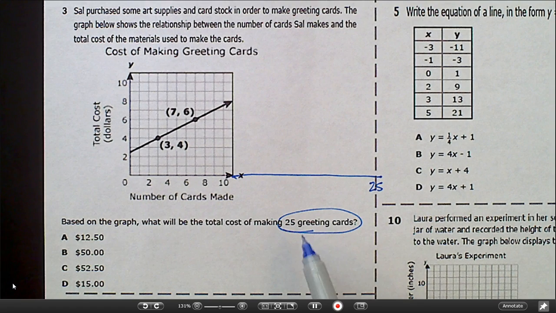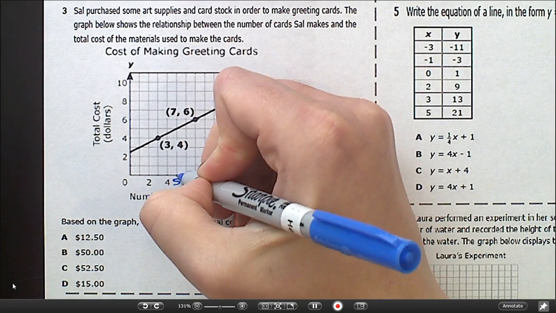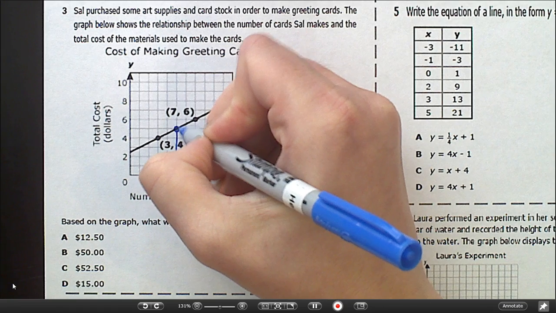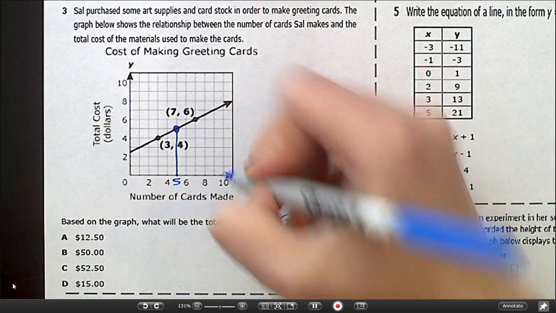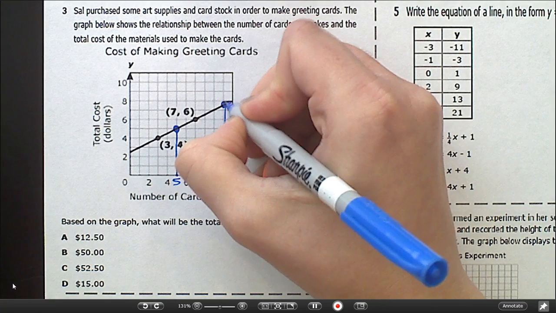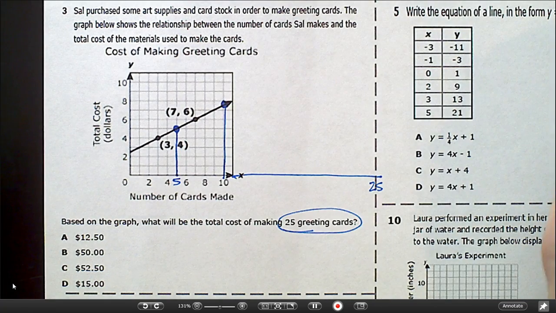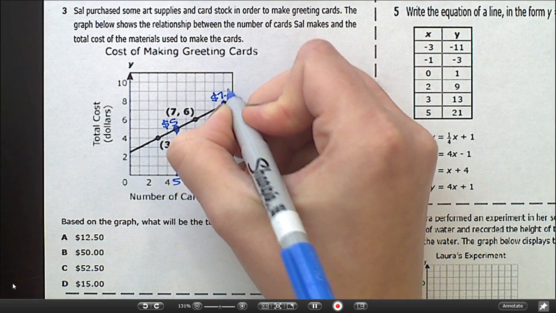So let's see, I'm going to look at 5. So here's 5. To make 5 cards, it cost him $5. Okay, but to make 10 cards, it only cost him about $7.50.